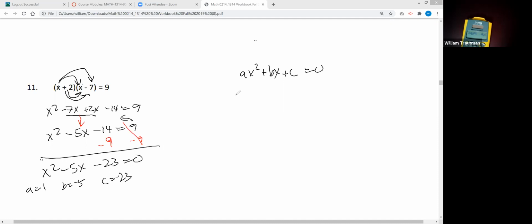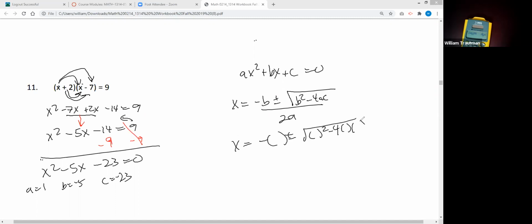a equals 1, b equals -5, and c equals -23. So plugging it into the formula, x equals negative b plus or minus the square root of b squared minus 4ac, all divided by 2a. I'm going to put parentheses everywhere I see a letter.